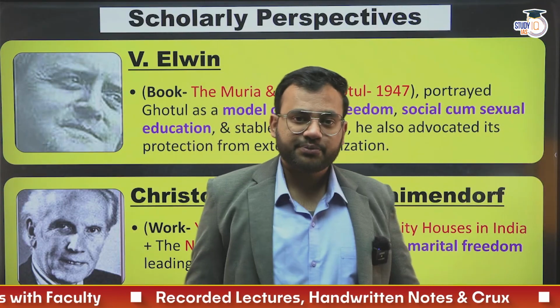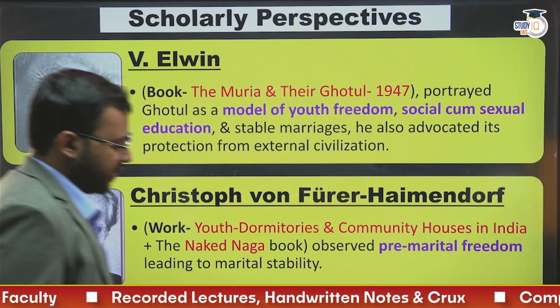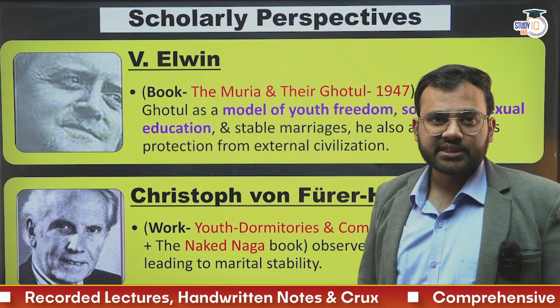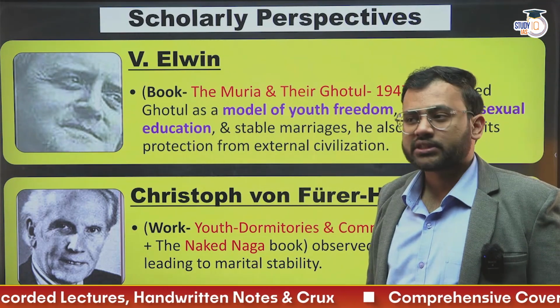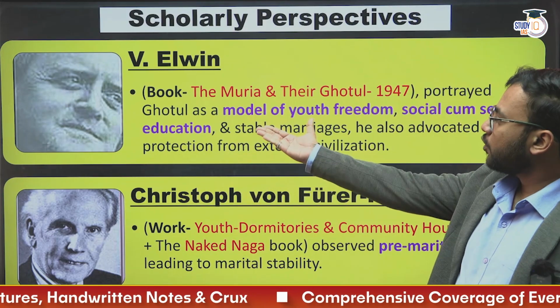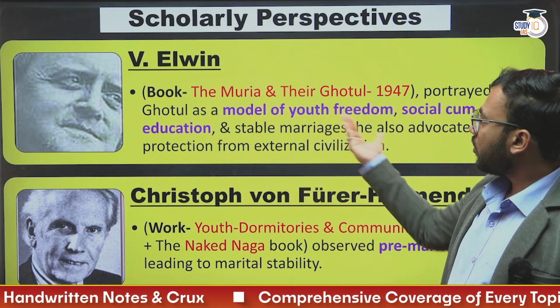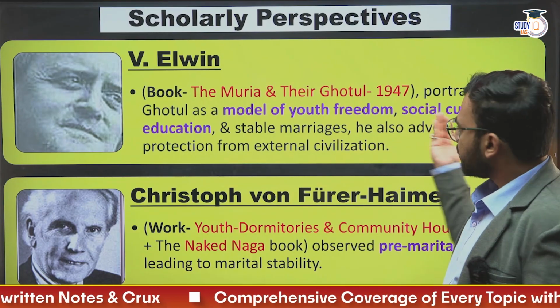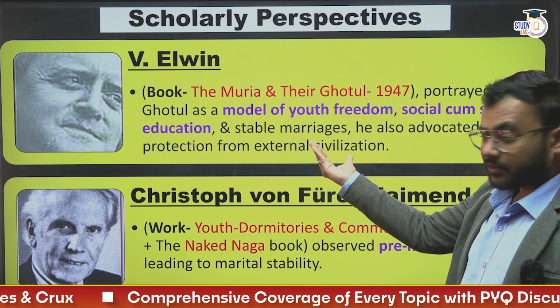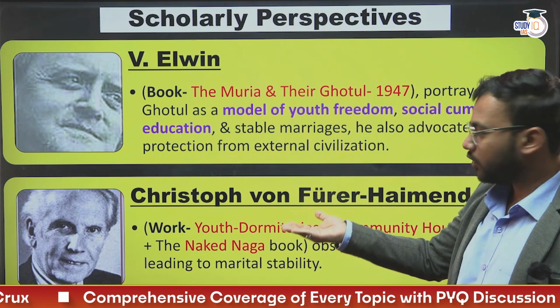Now, certain scholarly perspectives. As we have discussed, there are two important figures when it comes to detailed study of youth dormitories in India. Very relevant, Elwin, who has studied Ghotul of the Muria Gonds. According to him, these Ghotul are the model of youth freedom. They are social cum sexual education providers. They also contribute towards stable marriages where the chances of divorce are quite low.